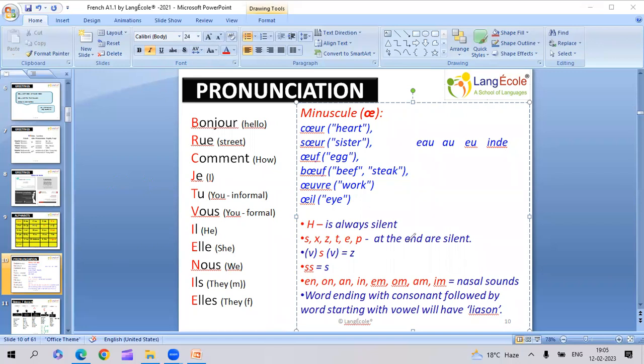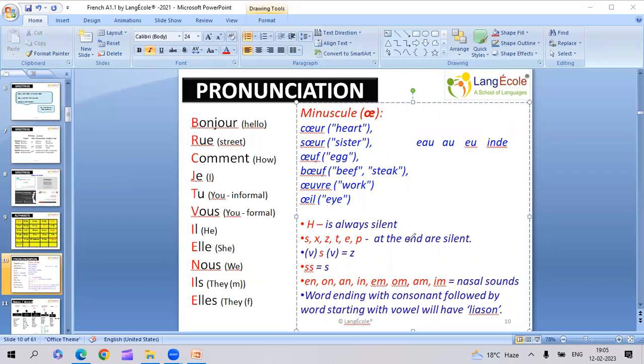Now, the next thing to learn is liaison. What is liaison? The joining. Liaison, as its name sounds, is basically the relation of vowel with consonant.